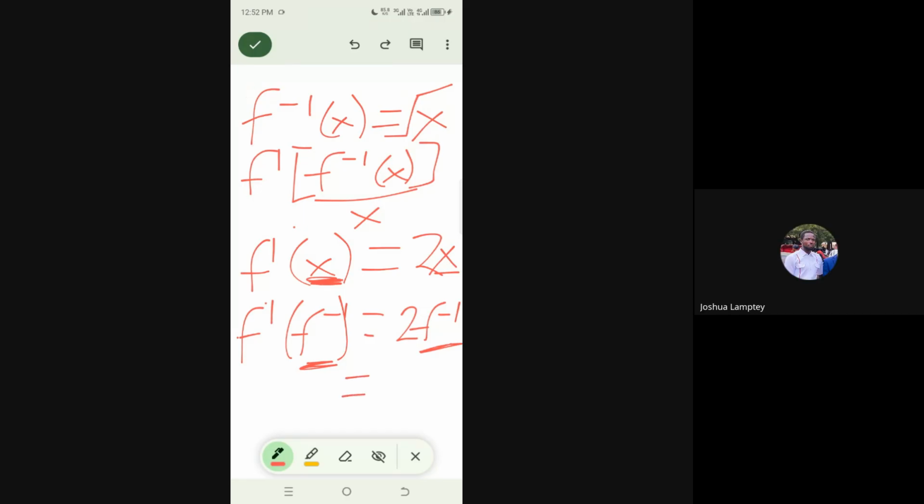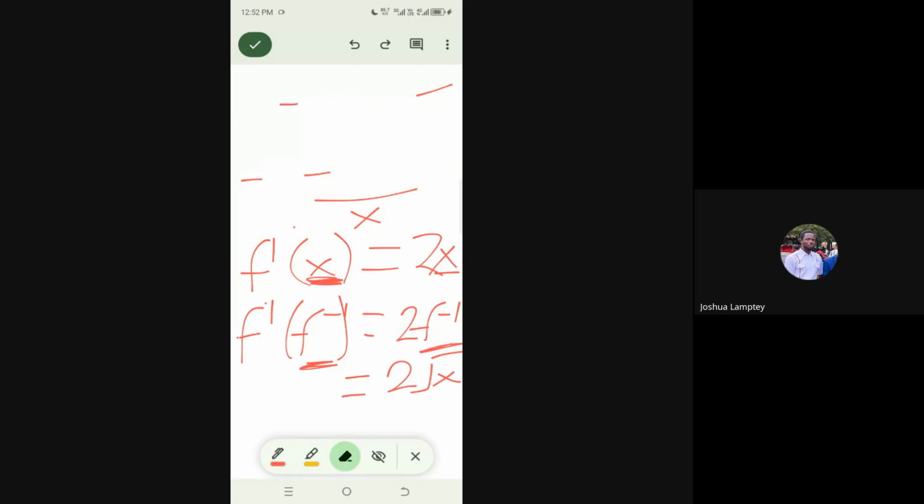Yes, so now we know that f inverse is root x. So you have 2 root x. And the formula said that f inverse prime should be 1 over f prime of f inverse, and we said it's going to be 2 root x.